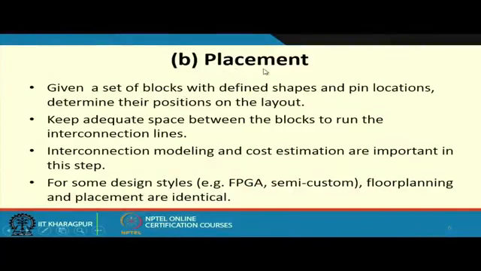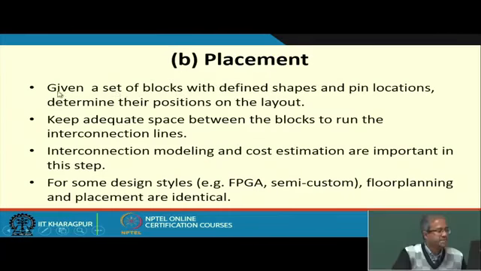So, the placement problem says, given a set of blocks with defined shapes and pin locations, determine the position of the layouts. Not only that, you keep adequate space between the blocks to run the interconnections.